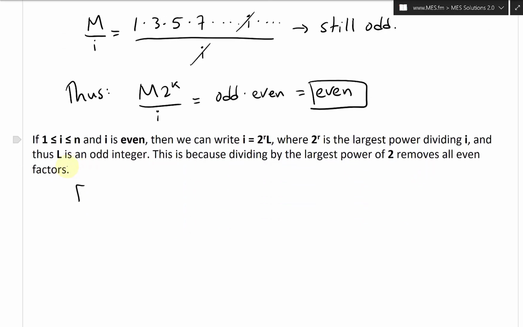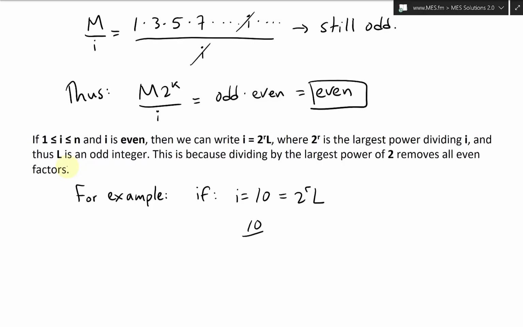Just to illustrate this, for example, if i is equal to 10, then the highest power of 2 dividing it is 2 to the power of 1. If this equals 2^r L, then we divide 10 by 2 to the power of 1.